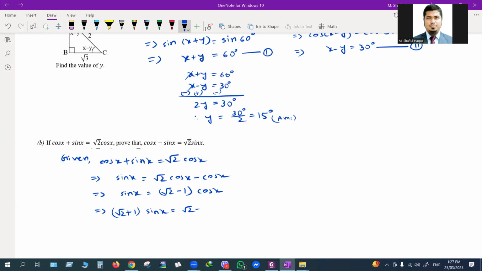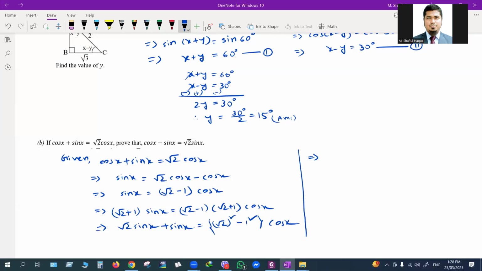So on the left side, it will be root 2 sin x plus sin x. And on the right side, root 2 square minus 1 square, a minus b into a plus b, so the a square minus b square formula. Okay.